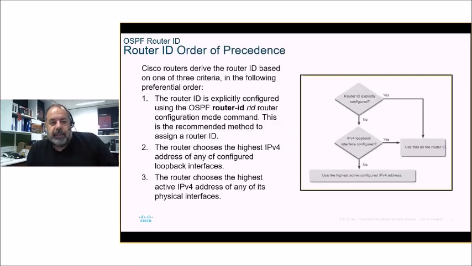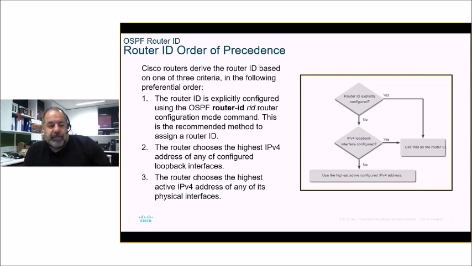Okay, as I said, there are several ways you can set a router ID for a router. The preferred one is the router-id command in router config mode, because that's explicitly what the administrator wants, and that's pretty easy. If that hasn't been done, OSPF will search for any loopback interfaces that are available, and if there are one or more, it will pick the highest address of those.